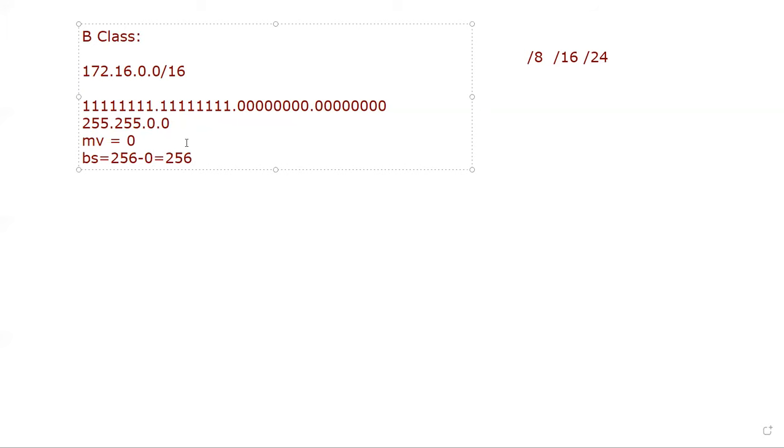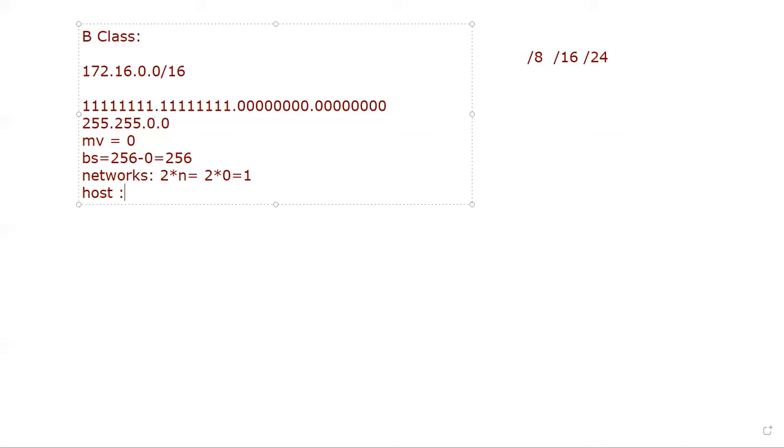Block size is 256. So how many networks are there? 2 raised to power N, in /16 the N value remains 0 because 16 is a fixed length. So one network will be there.